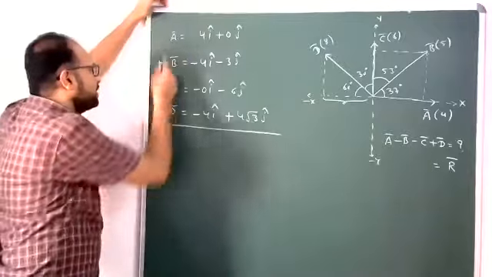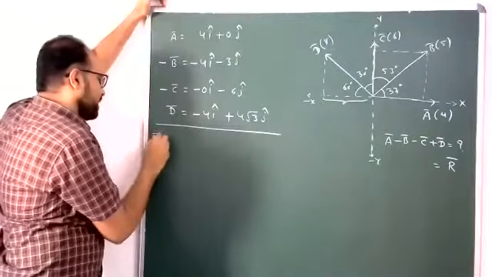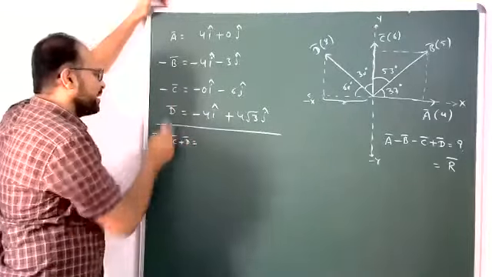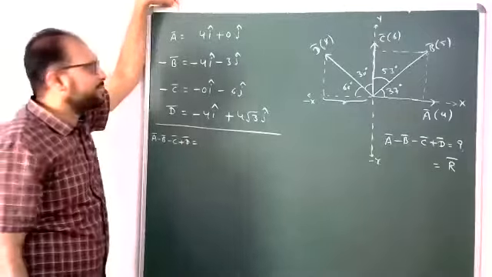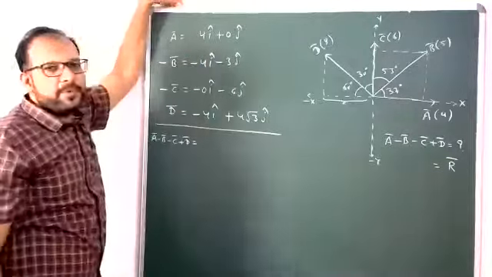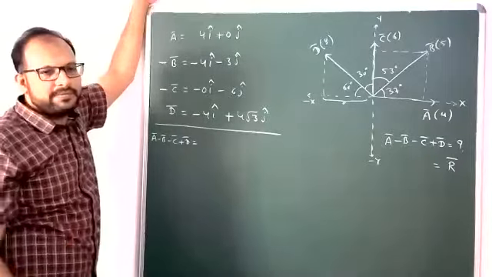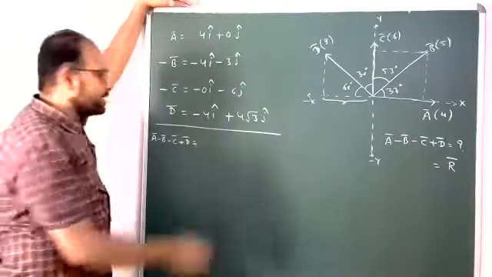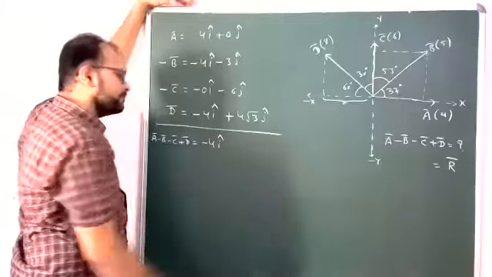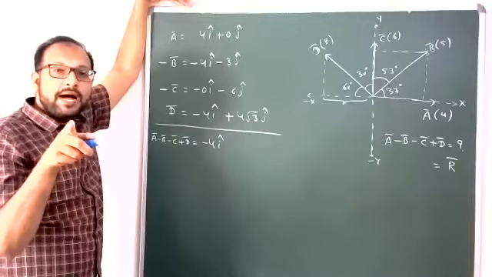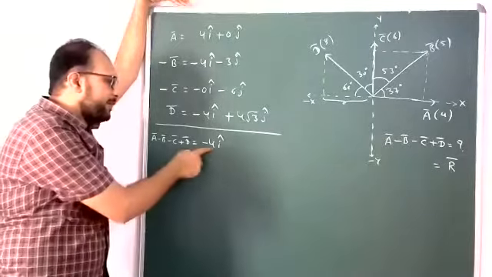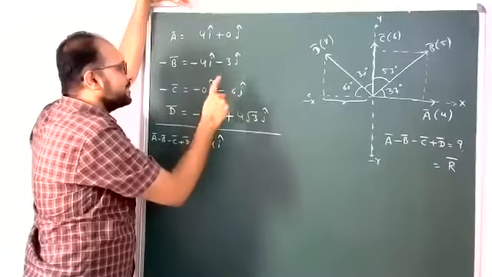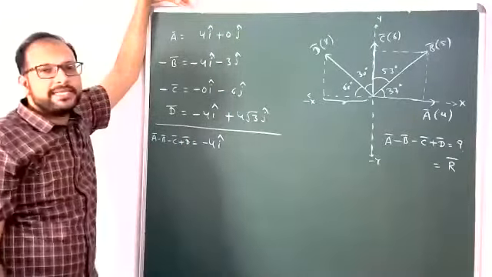Now add all: A bar minus B bar minus C bar plus D bar. This total is adding all x components. 4 i cap cancels, this is already 0, this is minus 4 i cap. So the answer finally is minus 4 i cap, the negative x component. Next, for y: 0, minus 3, minus 3, minus 6, so minus 9.